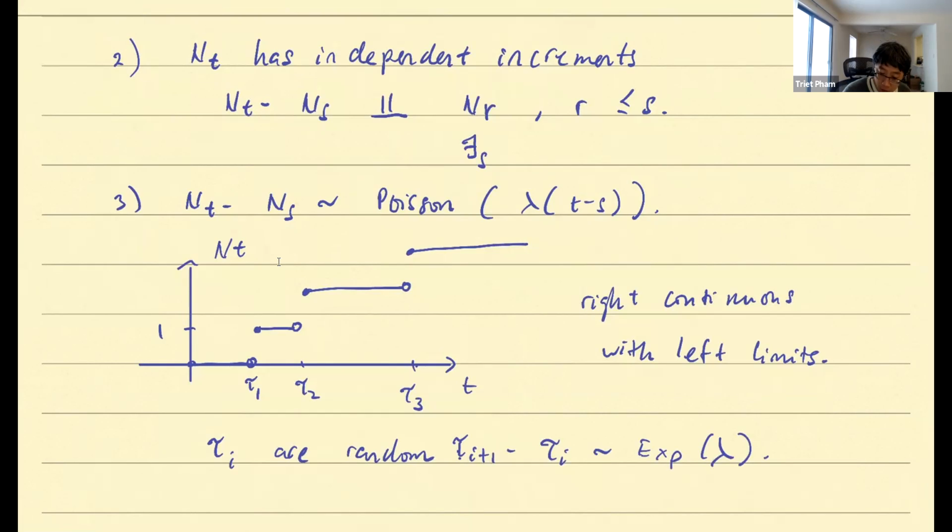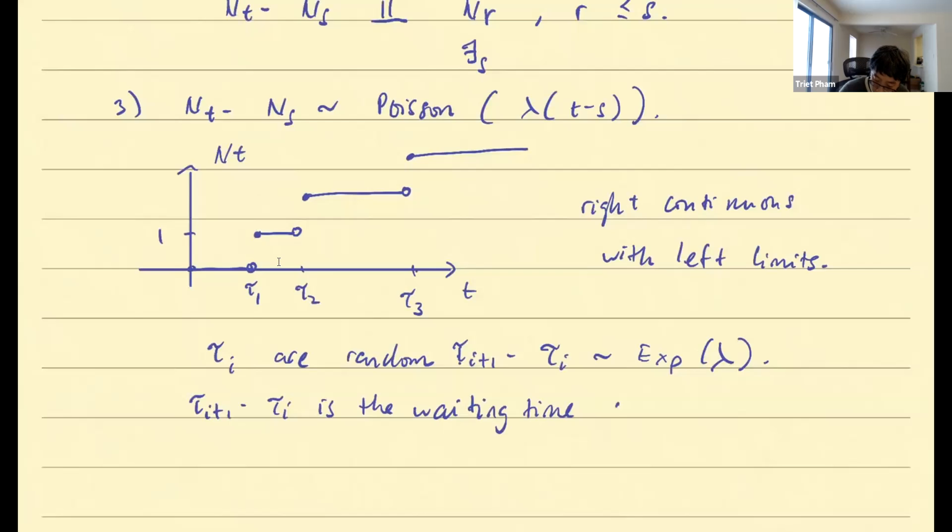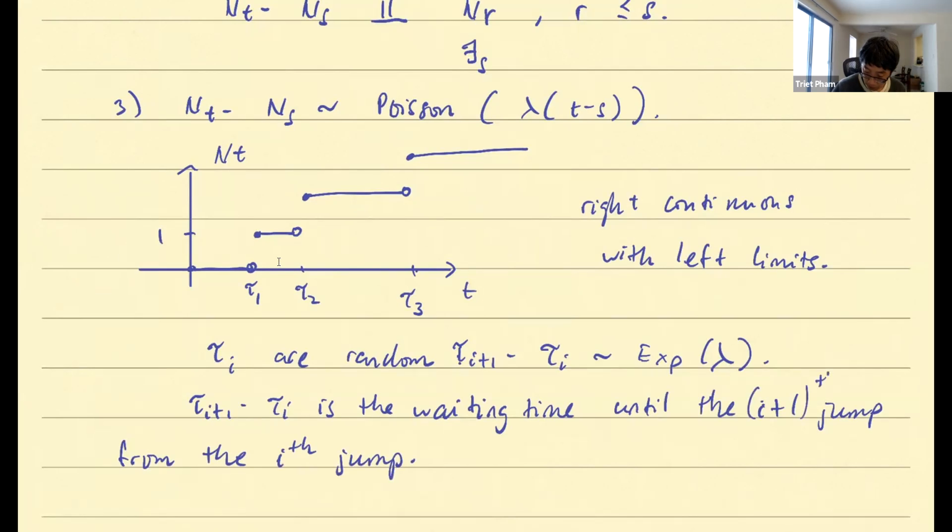In other words, tau_{i+1} minus tau_i is the waiting time until the (i+1)th jump from the ith jump. Is that clear?